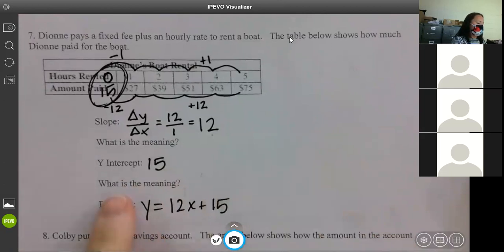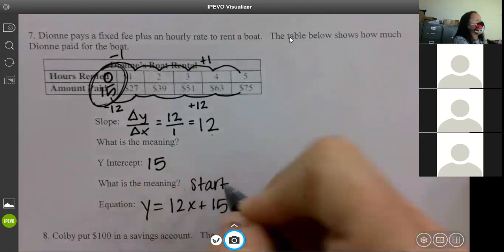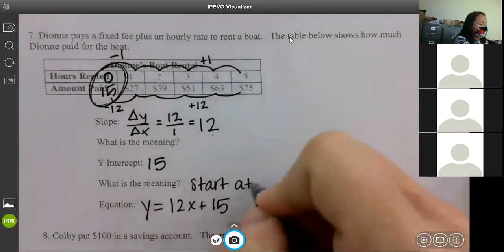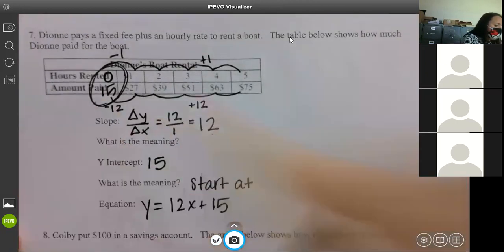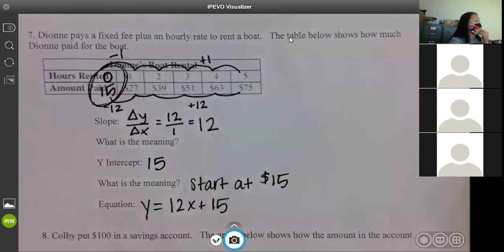What's the meaning of the y-intercept? Remember, you start at, it says amount paid, so $15. Perfect.